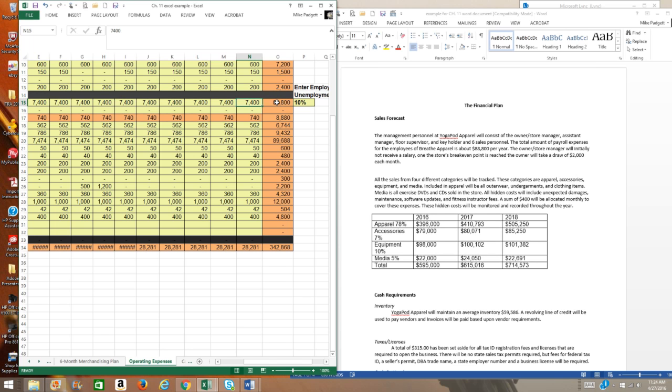So what I did is take the assistant manager's salary and the floor supervisor's salary, and then added in the 6 sales personnel. To figure this number out, I just added up their two salaries.